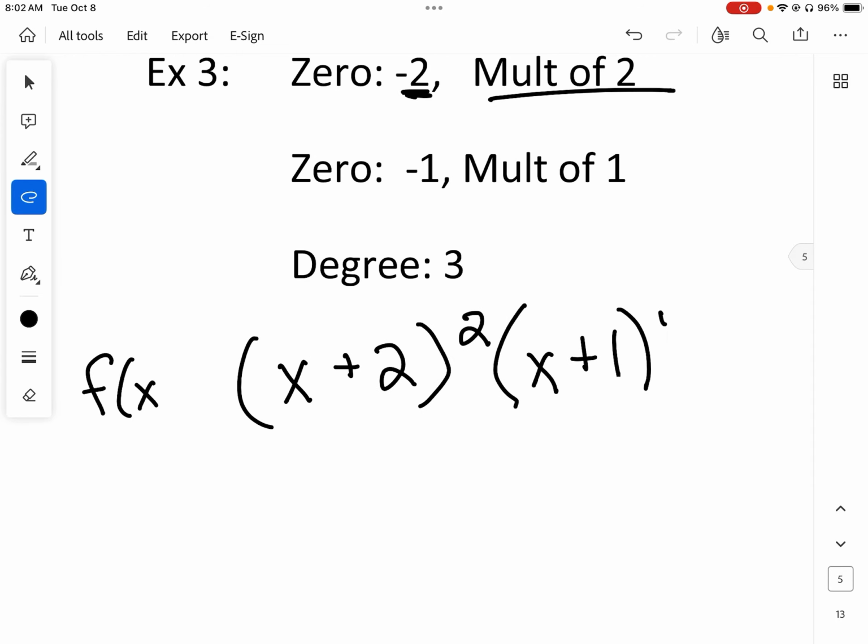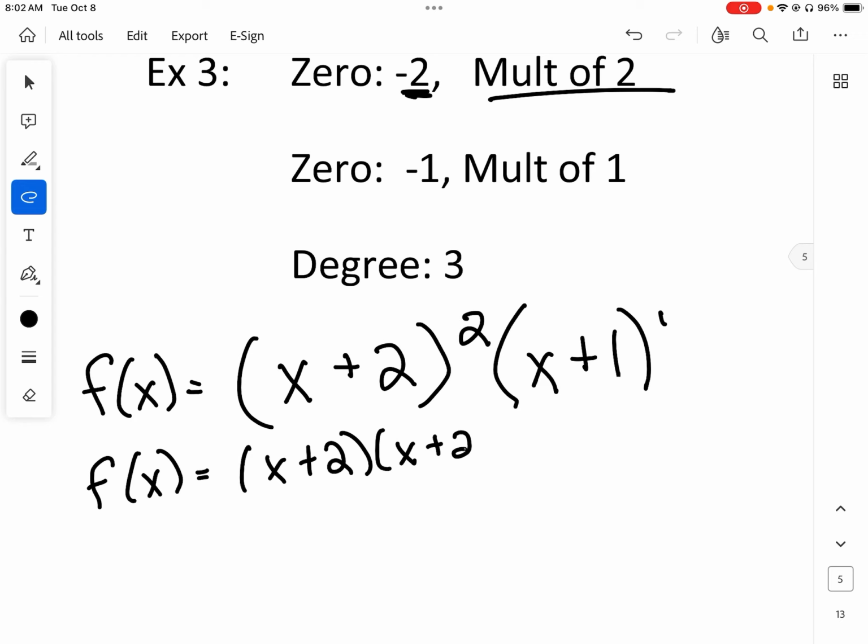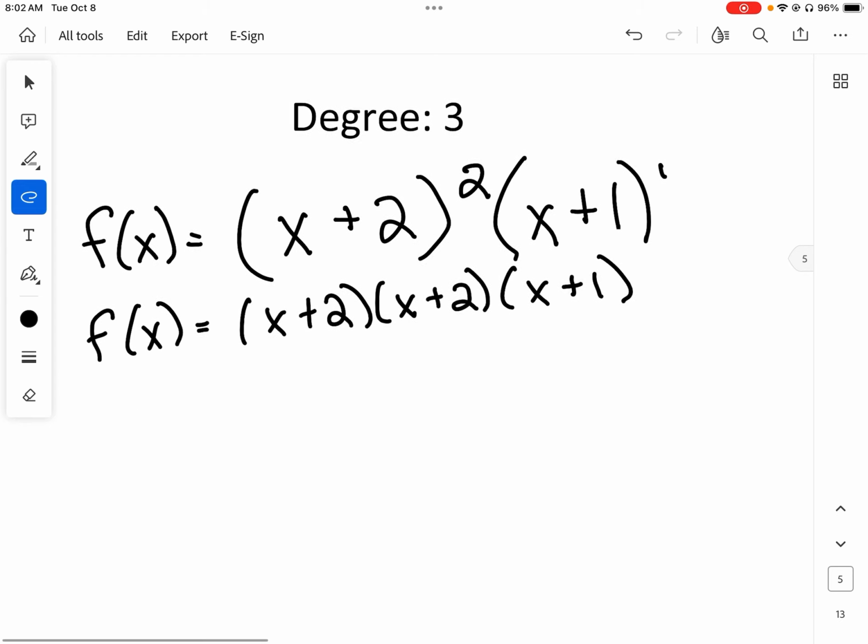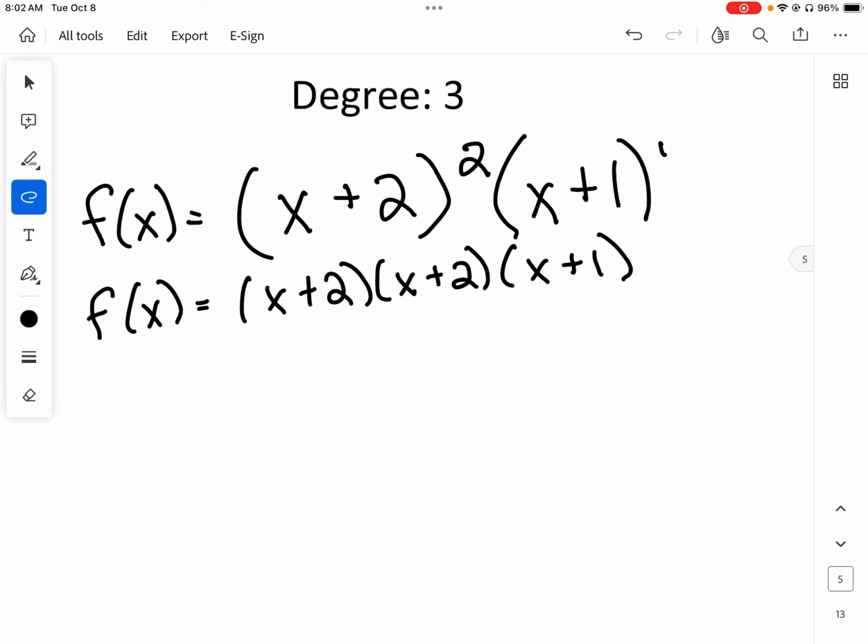So f of x equals. So if we want to go ahead and expand this out, it's going to be x plus 2 times x plus 2 times x plus 1. So now we've got to do our FOIL. So it's going to be x squared plus 2x is 4x. 2 times 2 is 4 times x plus 1.